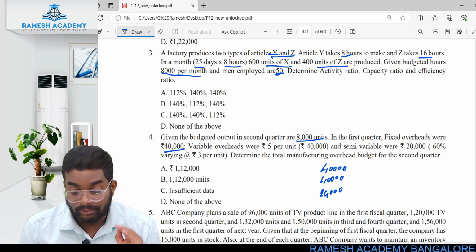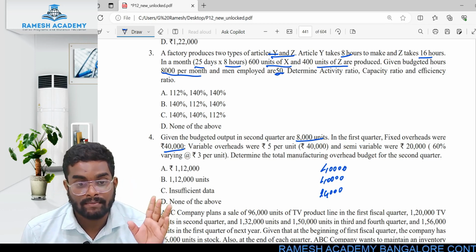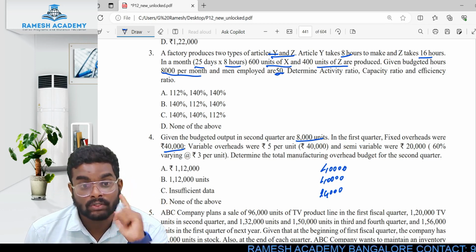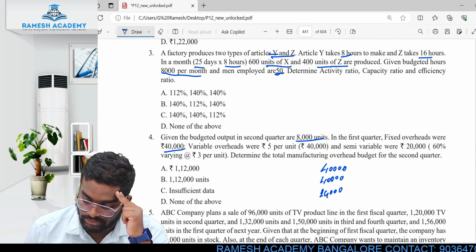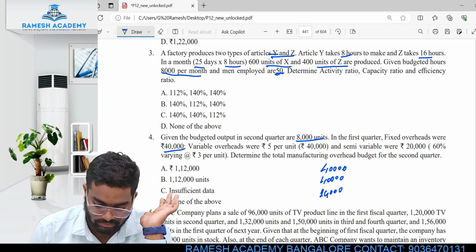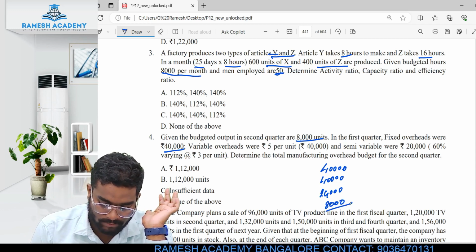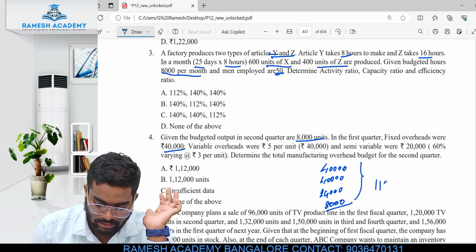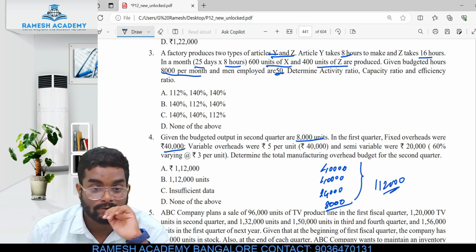Now in 20,000, if 60% is variable, what about the 40%? It is called fixed cost. So in 20,000, we have to take 40% as fixed cost. If you add all this, you will get 1,12,000. So that is our answer.